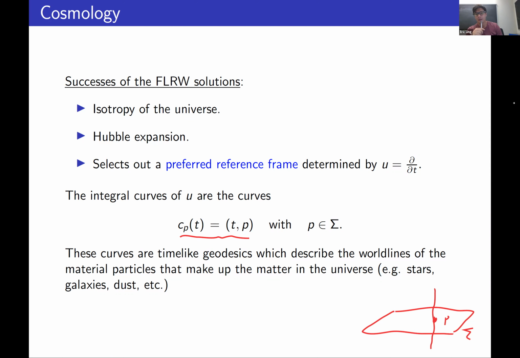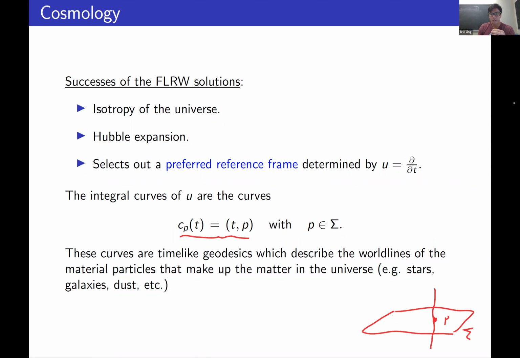These curves are timelike geodesics, and they describe the particles that make up the matter in the universe. When we're describing the universe as this perfect fluid, this is describing the stuff that the universe is made of: the matter, the dust, the stars, and the galaxies.